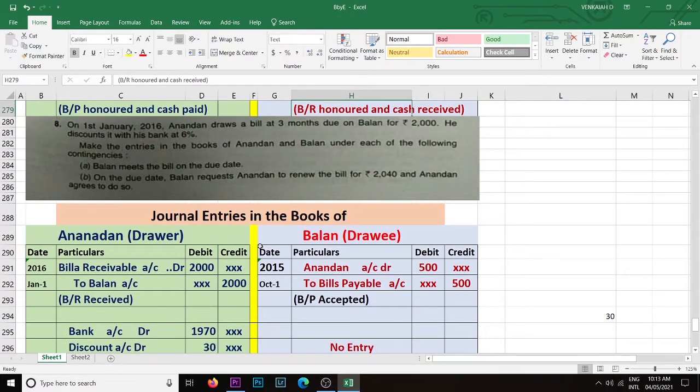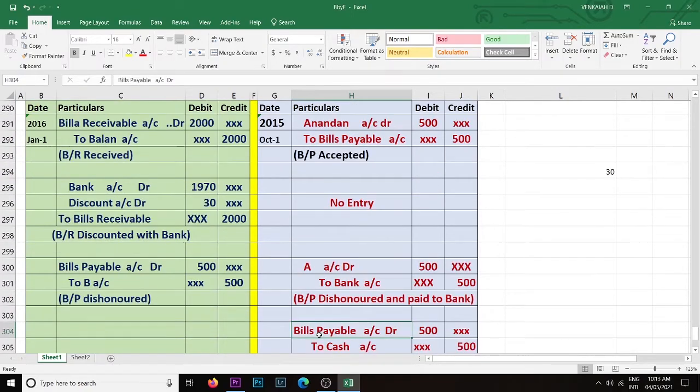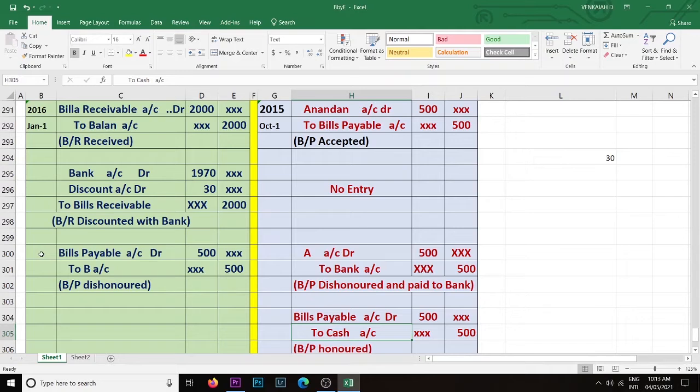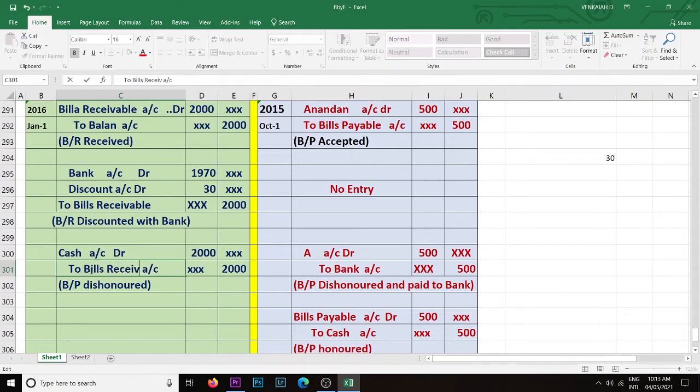Balan met the bill on the due date. Point number A. Bills payable account debit to bills receivable account debit to cash account. B by R 100 and amount received.